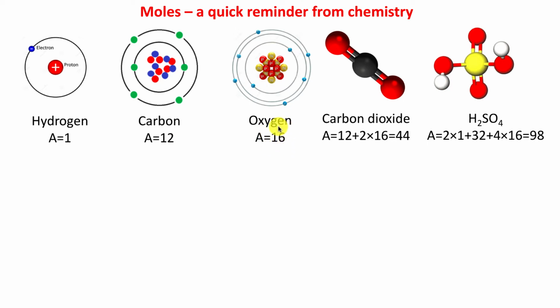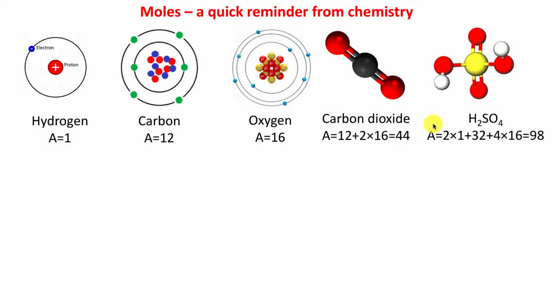Oxygen has got 16. If you take carbon dioxide, well, carbon is 12, like here, and there are 2 oxygen atoms, and so the total number of nucleons, what we call A, is 12 plus 2 times 16, which is 44.